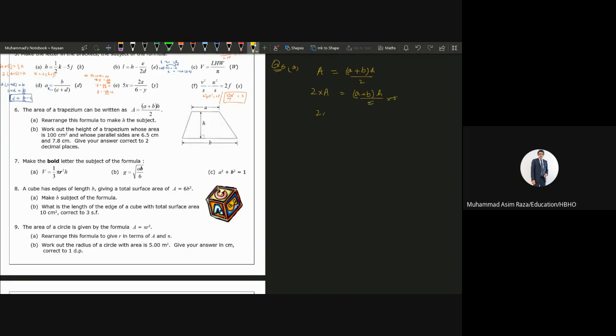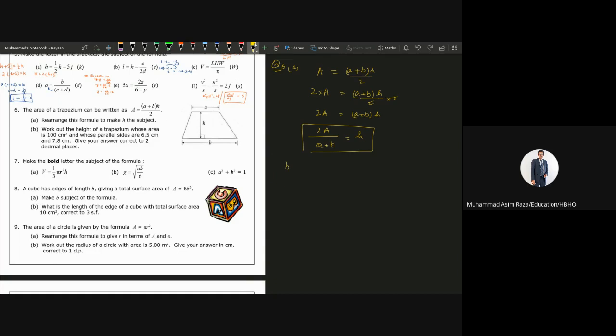You will have 2A is equal to (a plus b) into h. Because you want to make h the subject of formula, take (a plus b) onto this side. Because (a plus b) is getting multiplied with h, when it comes onto this side it will get divided. So 2A over (a plus b) will be equal to h. This is how you have to make the subject of formula.